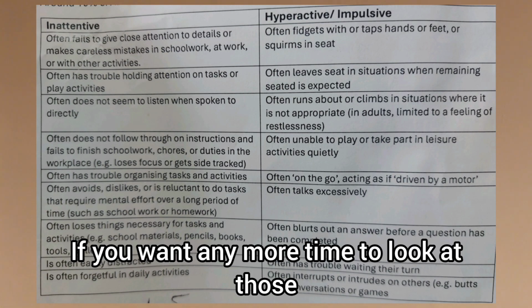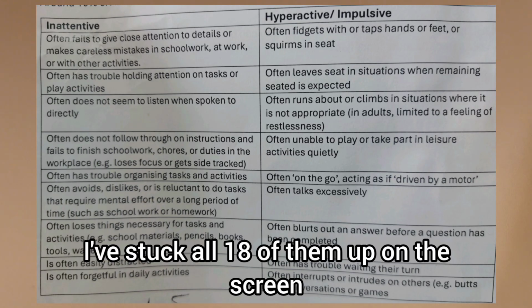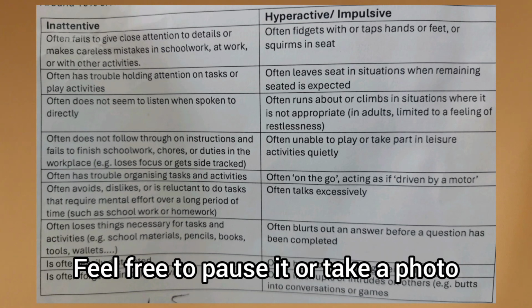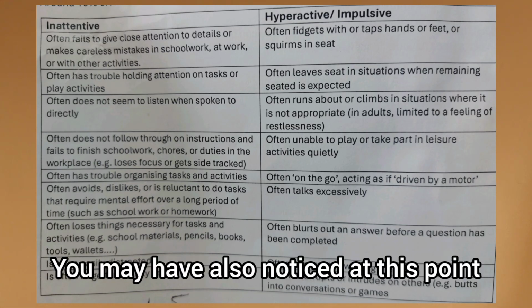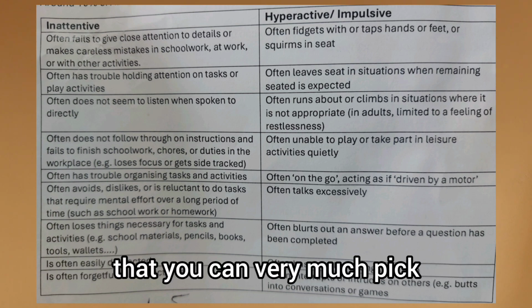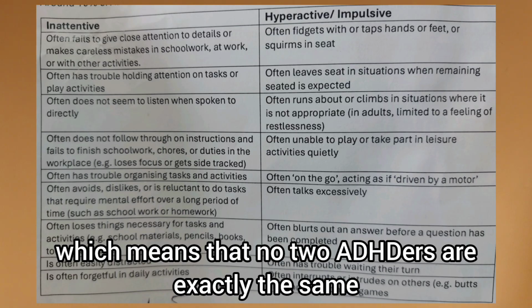If you want any more time to look at those criteria for both types of ADHD or combined, I've stuck all 18 of them up on the screen, feel free to pause it or take a photo. You may have also noticed at this point that you can very much pick and mix different ones of these, which means that no two ADHDers are exactly the same.